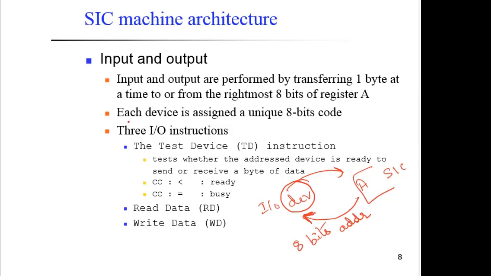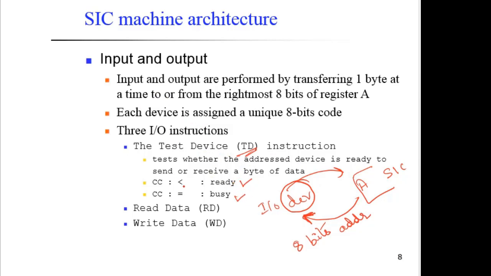And there are 3 instructions available for performing input-output operations. The first instruction is test device. It will test whether this input device or output device is ready to send or receive a byte of data. There are only 2 cases. Device should be ready or device is busy with some other operation.